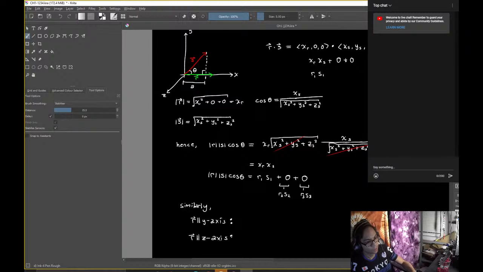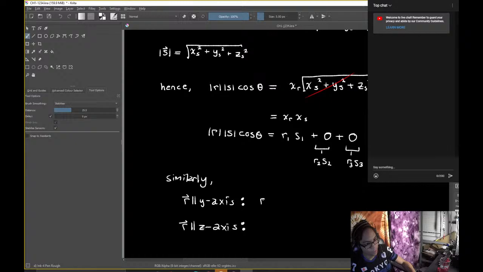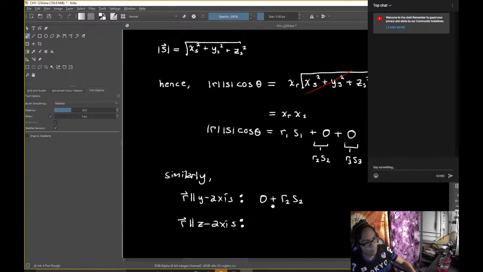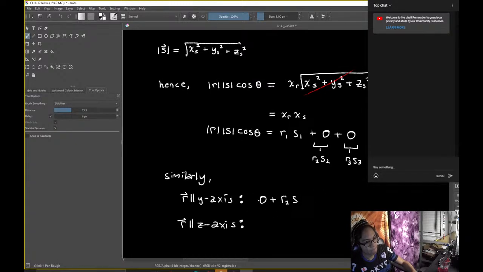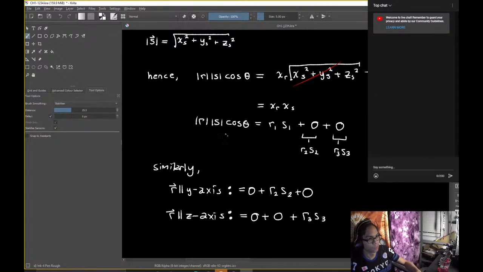Do it like this. And it's going to become 0 plus R2 S2. Yeah, I'll do it like this. Equals R2 S2 plus 0, and equals 0 plus 0 plus R3 S3. There we go. This is very similar to this.